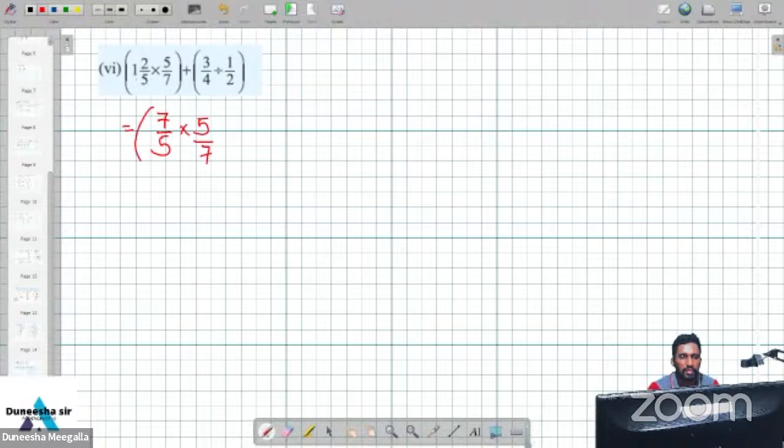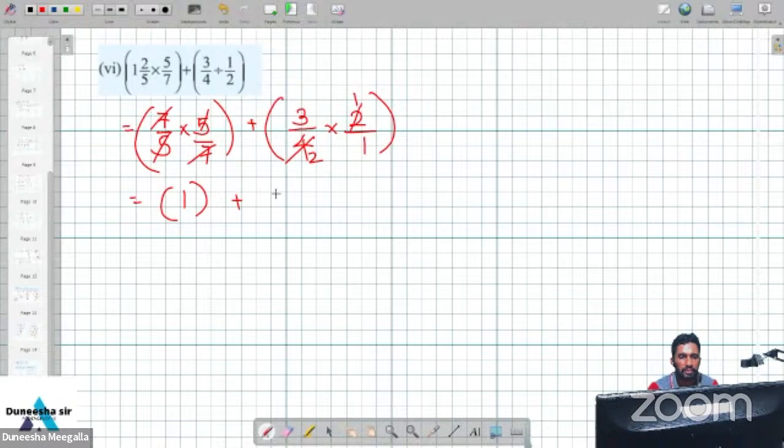Okay. Then you have to add 3 over 4 multiplied by 2 over 1. Okay, then we can divide this one. 1 plus 3 over 2.